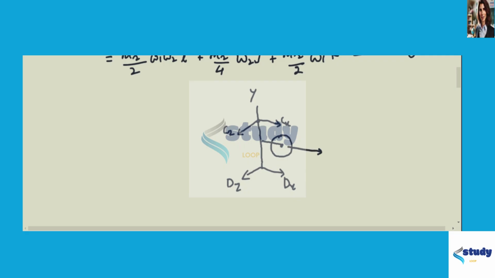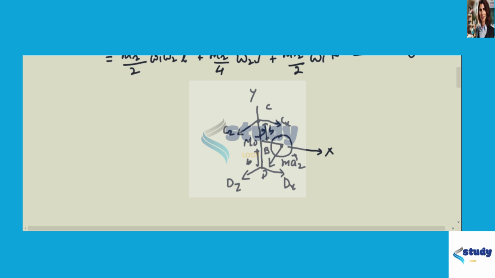This is the x-axis. MAZ. This is M0. This distance from here to here is B, and this distance is C.